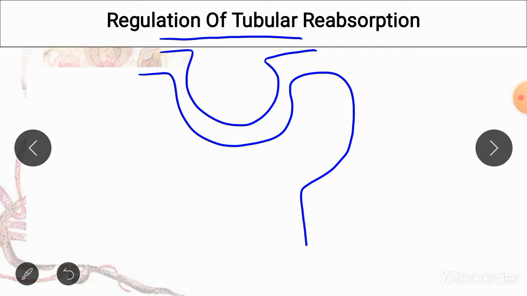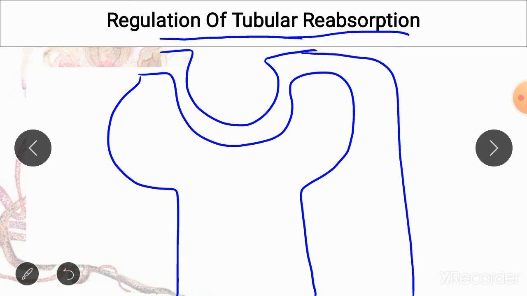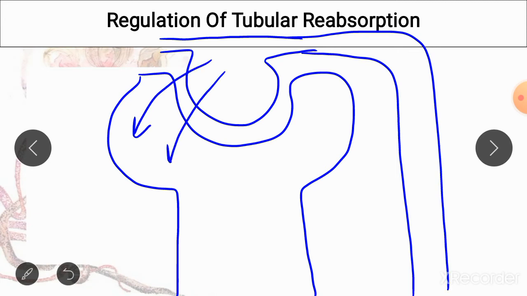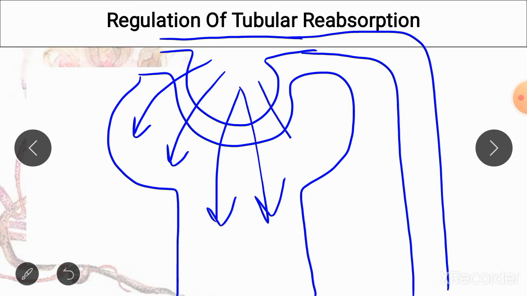I have told you about the normal Starling forces, but whenever there is greater than normal filtration at the glomerulus, a lot of fluid is going to be filtered from the glomerulus into the Bowman's capsule, and the plasma proteins which are going to be left behind are going to become concentrated, in greater concentrations than normal.